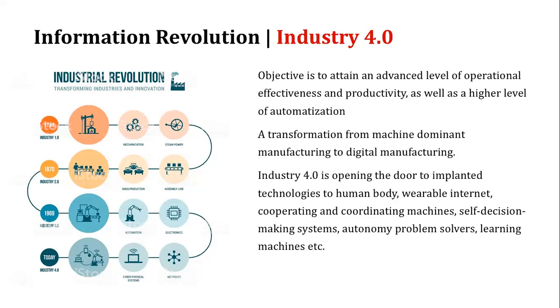Very large plants where you have assembly lines, and per day maybe 100, 200, or even more cars being manufactured. That's what we call Industry 2.0, where we see large scale manufacturing with very large factories.